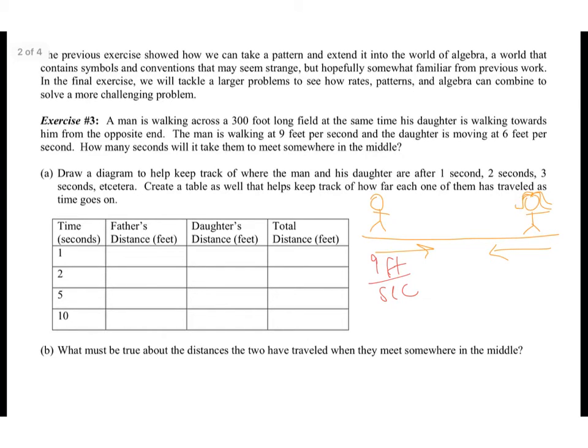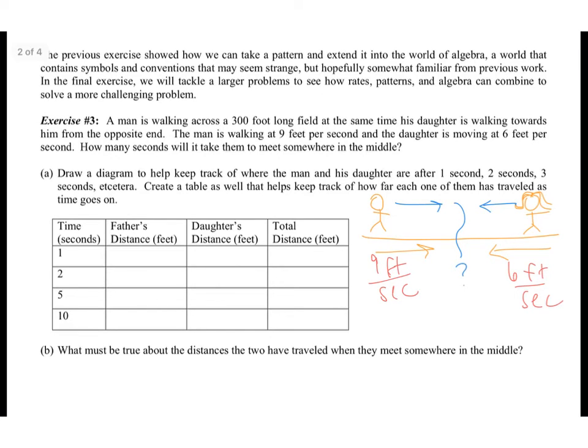Yeah, look at her long hair, so cute. The girl is walking towards him 6 feet per second. What we're trying to figure out is when they are walking towards each other, at what point are they meeting in the middle? So to help us get there, we're going to fill out this table.